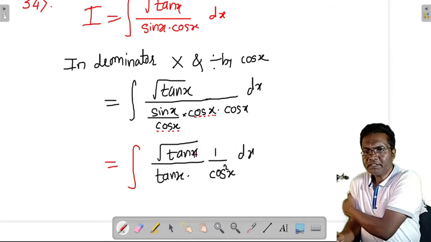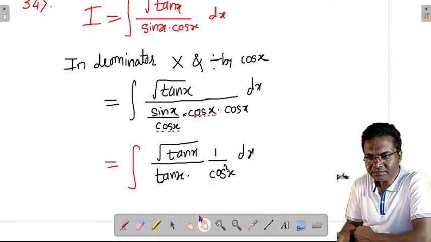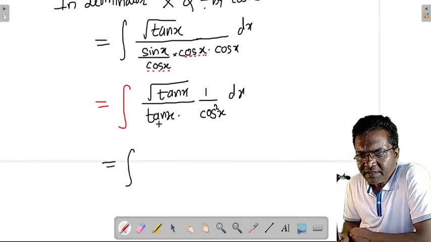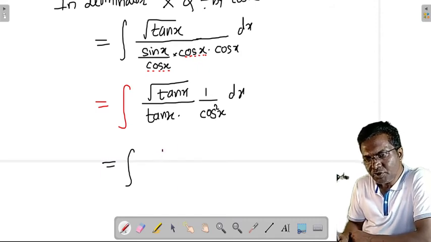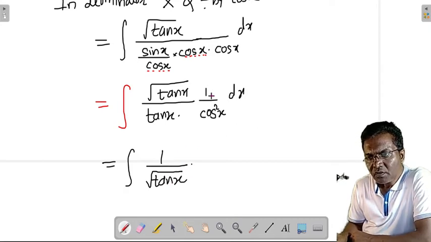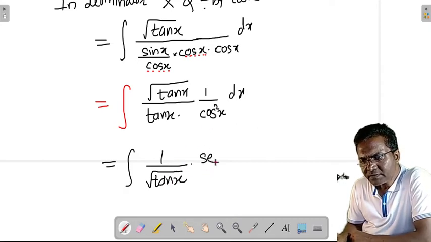Cos x into cos x is cos square x. Now see here, square root of tan x divided by tan x gives 1 by square root of tan x, and 1 by cos square is secant square x dx.